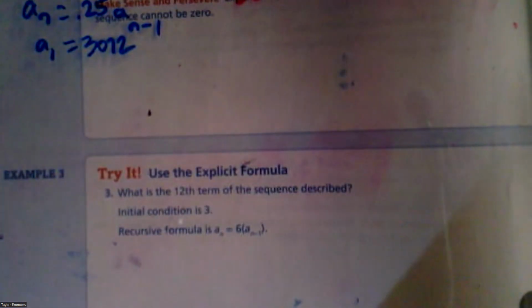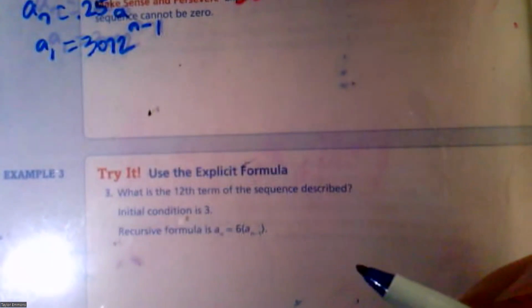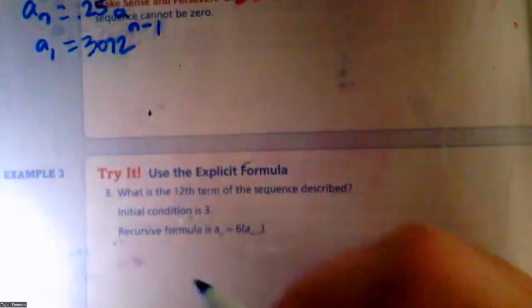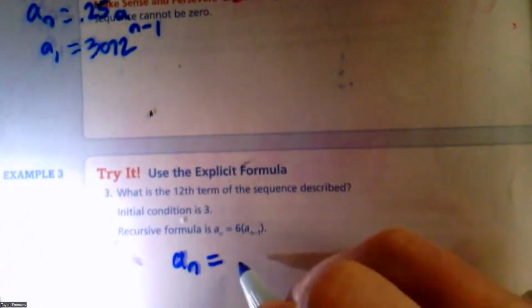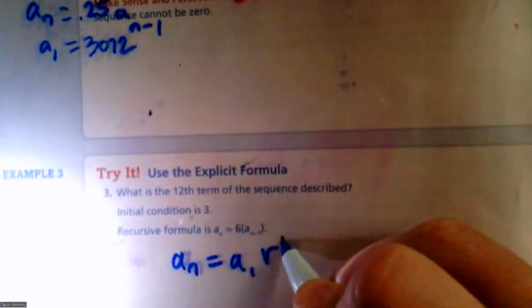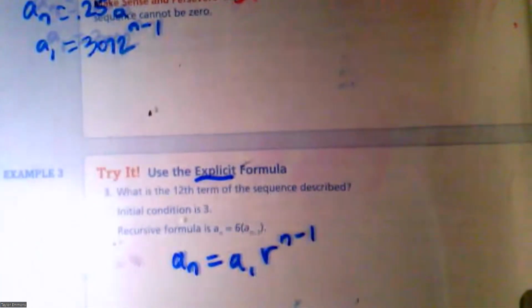So the explicit formula for geometric sequence is going to look something like this, where we have a sub n equals a sub 1 times r raised to the n minus 1. That's the explicit formula.